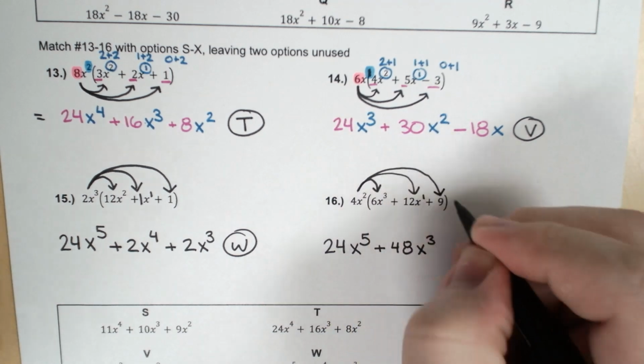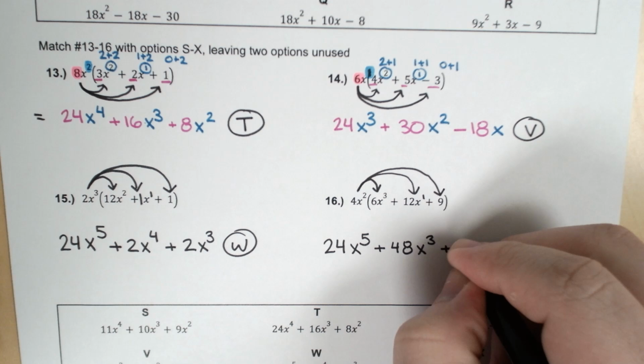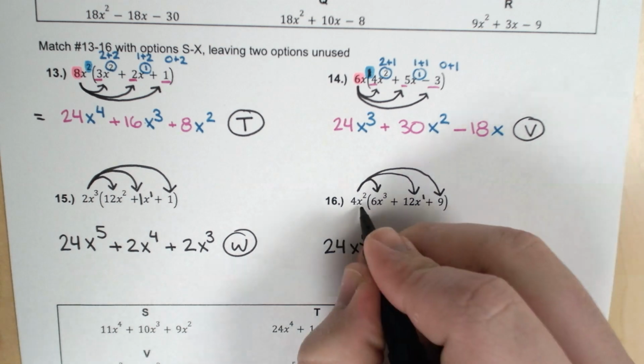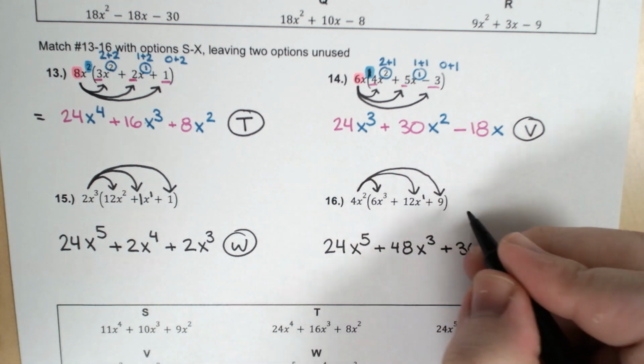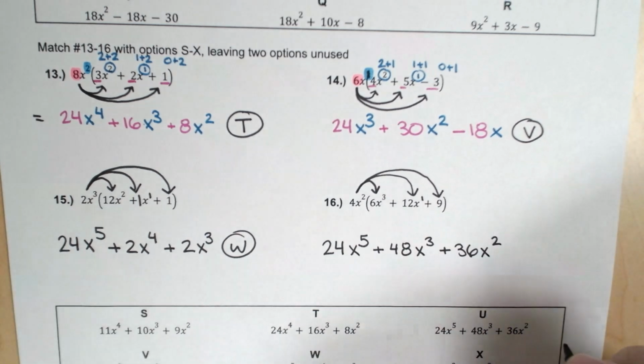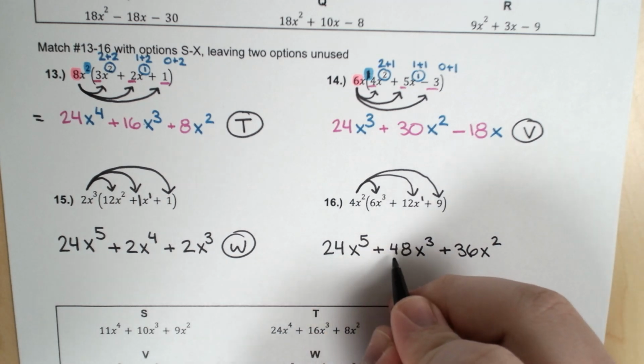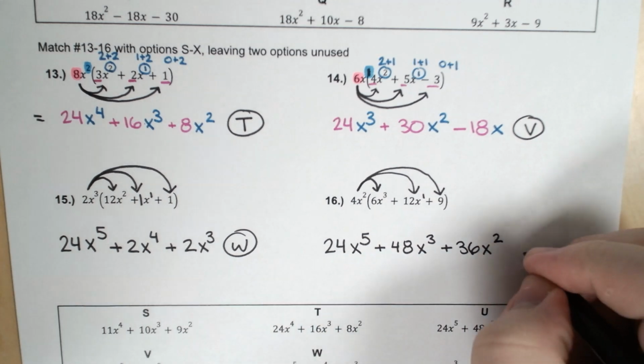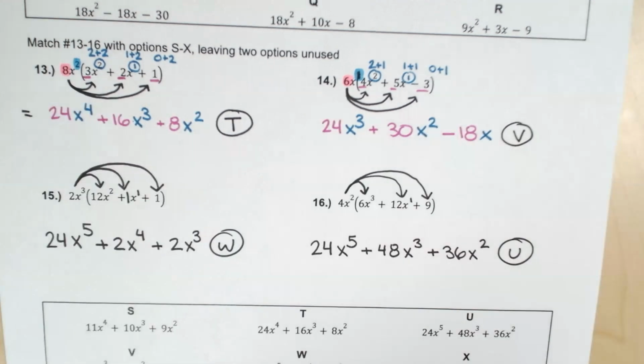Then 4 times 9 is 36. X squared doesn't have any other x's to go with, so just bring that x squared on over. 24x to the 5th plus 48x cubed plus 36x squared is option U.